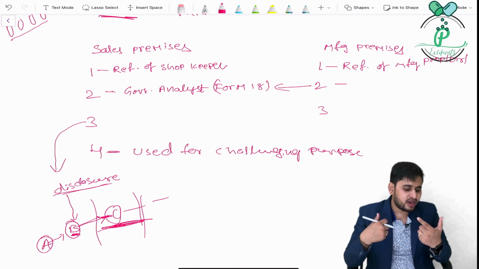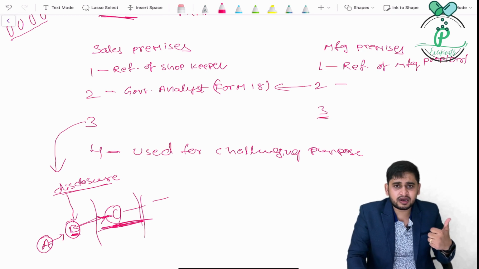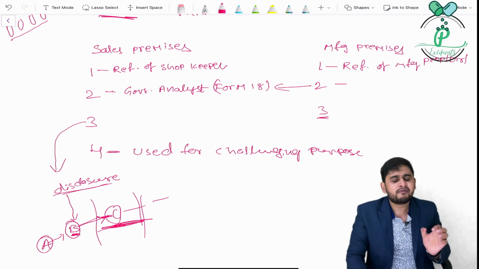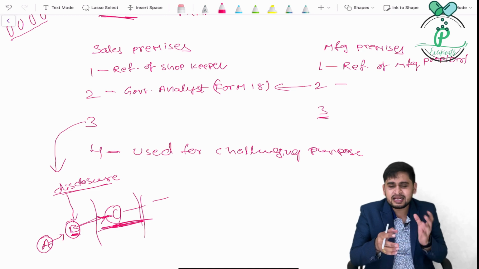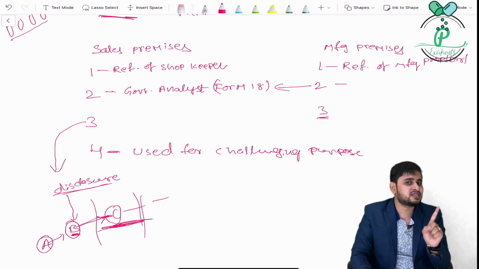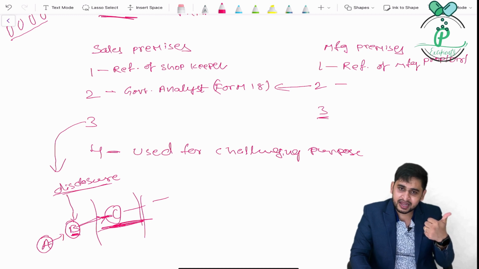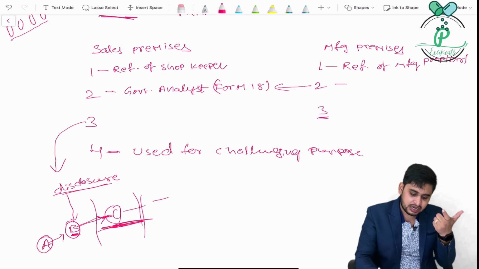Now tell me, where is the third portion? This third portion will not be given to the distributor. Why? Because the concerned drug inspector is taking samples directly from the manufacturing unit. So there will be no investigation carried out, and if the sample is reported as not of standard quality, the manufacturer will move the application and challenge again.